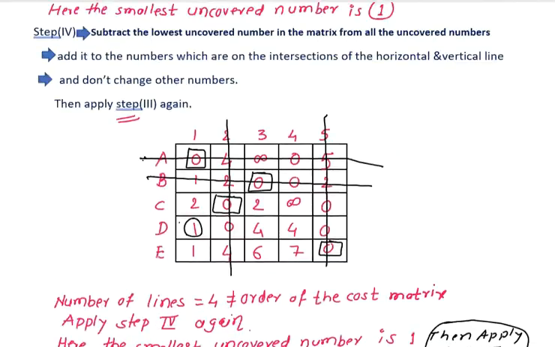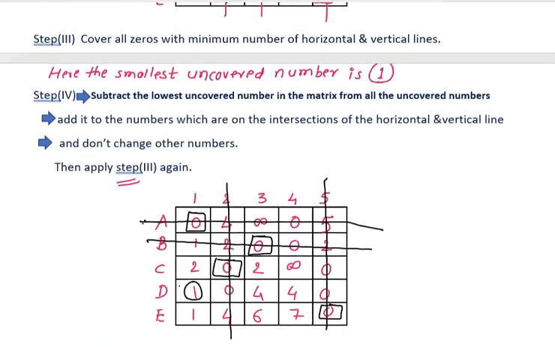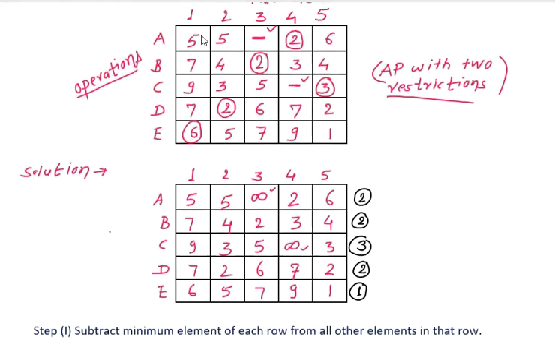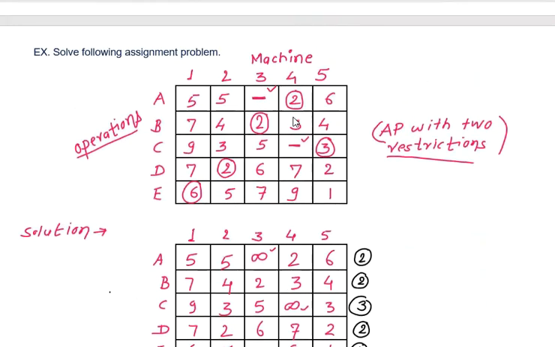In this assignment problem, there are two restrictions. Operation A cannot be performed on machine 3, whereas operation C cannot be performed on machine 4. Or job A cannot be performed on machine 3 and job C cannot be performed on machine 4.